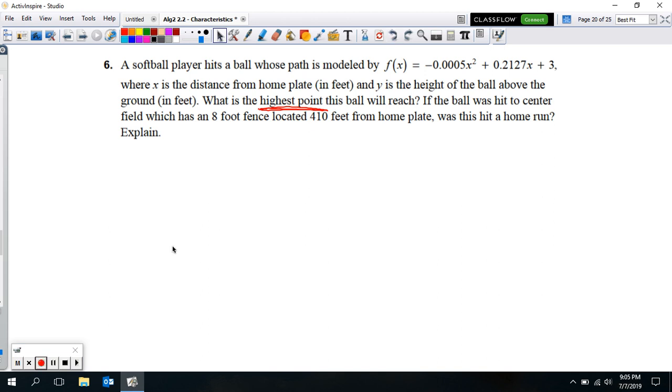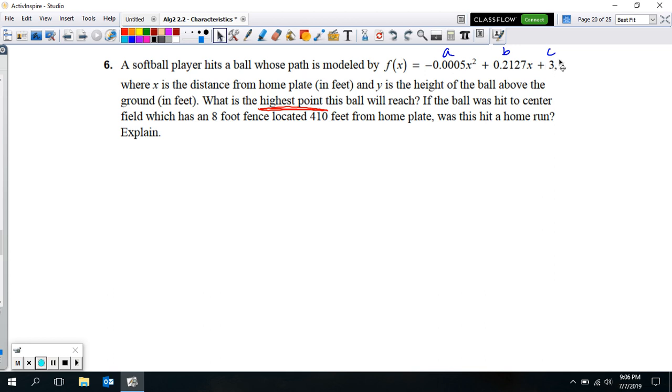So the highest point, obviously if it's a softball, we know this is going to be going up in the air. It's a parabola shape where it's going to be opening down. So it's going to have a maximum point. Our highest point will be that maximum point, which is the y-coordinate of the vertex. So all we have to do is find the vertex, and we answer that first question. The first thing to find the vertex is making sure we know what a, b, and c are here.